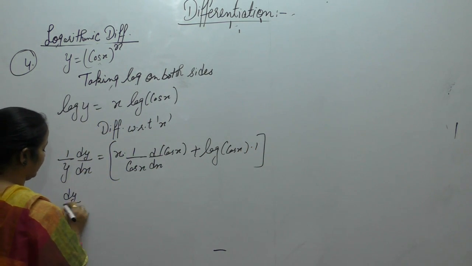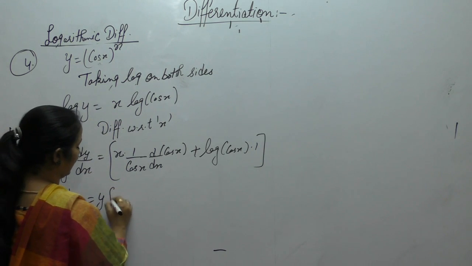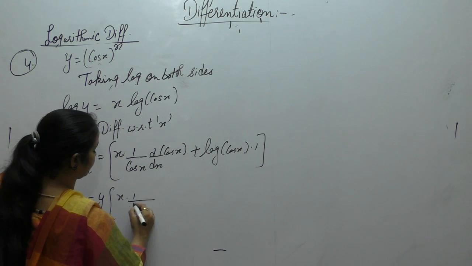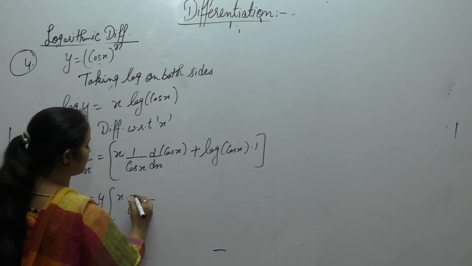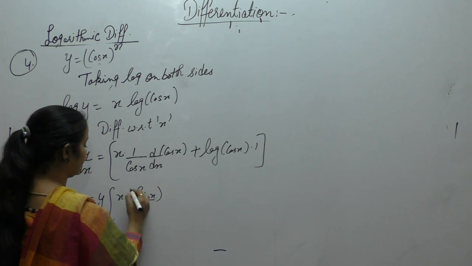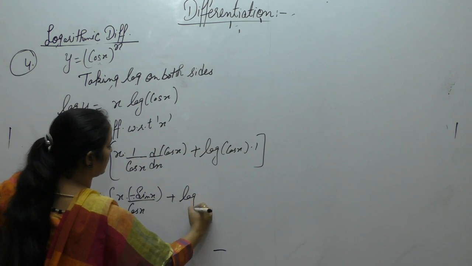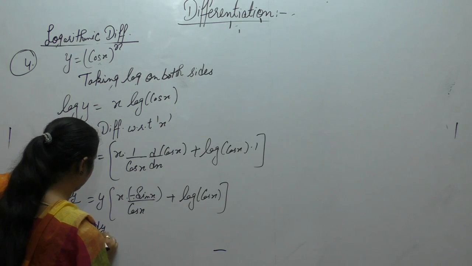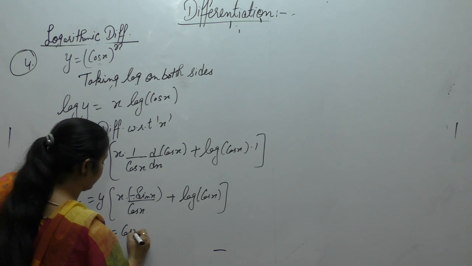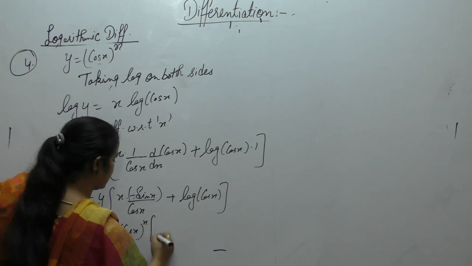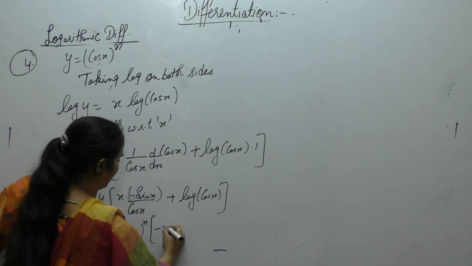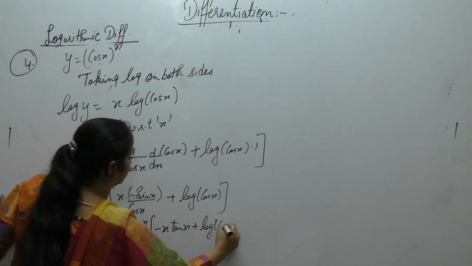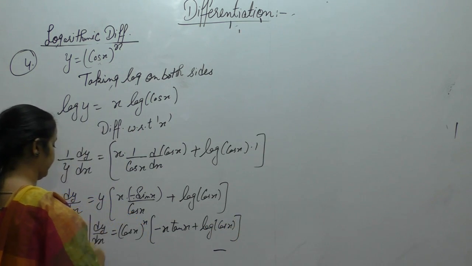So what we get? dy upon dx is equal to y times x into 1 upon cos x, derivative of cos is minus of sin x, plus log of cos of x. In the next step, put the value of y: cos of x power x times minus x sin upon cos, that is tan x, plus log of cos of x.